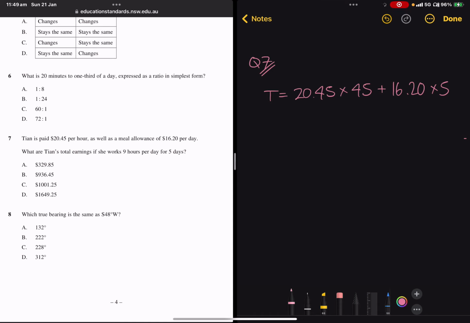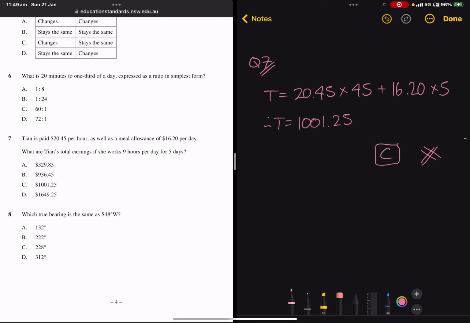This literally can go in our calculator: 20.45 times 45 plus 16.20 times 5. This gives me her total income is $1,001.25. Then we have to look for the answer that's closest to this. In this case, it's exactly one of the answers, so this is C. So the answer to this question is C.